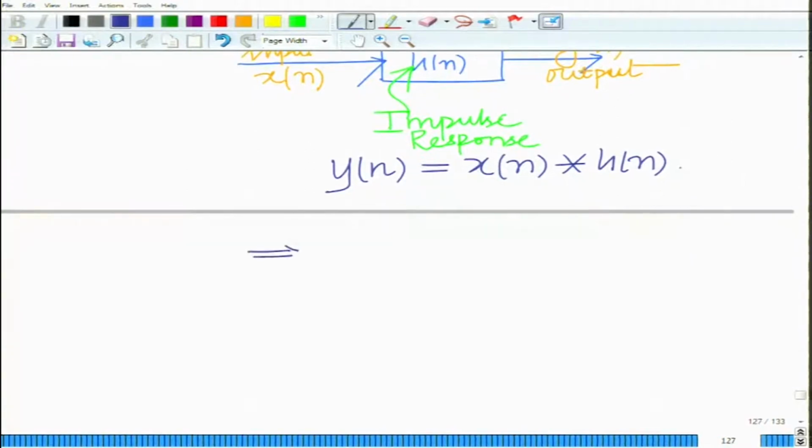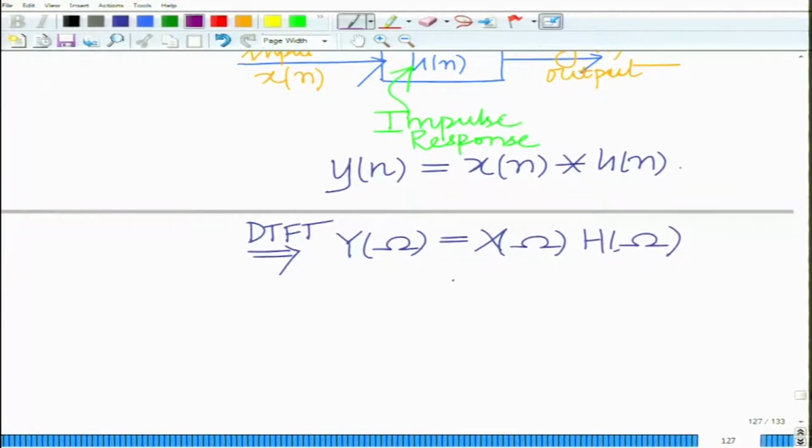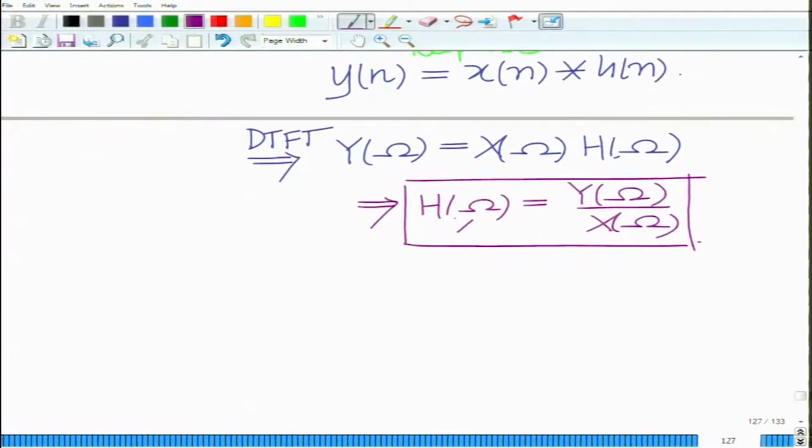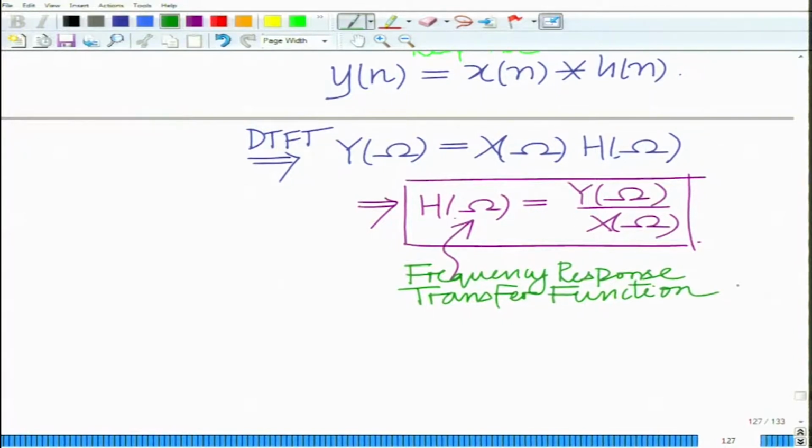Now taking the DTFT, we have Y(omega) equals X(omega) times H(omega), which implies as usual that the transfer function H(omega) equals Y(omega) divided by X(omega). This is the frequency response of the LTI system, or the transfer function.